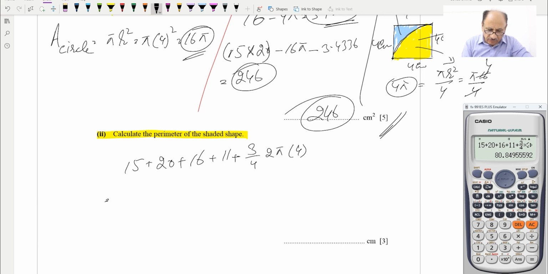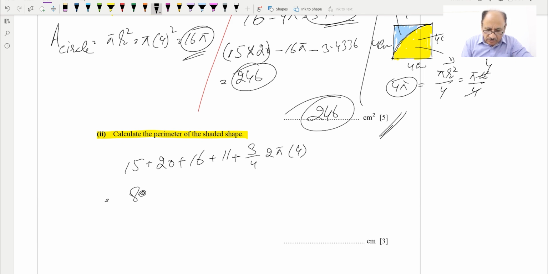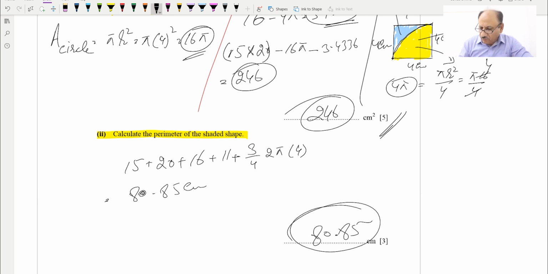So 80.85 centimeters. This will be 80.85 will be our final answer for 3 marks.